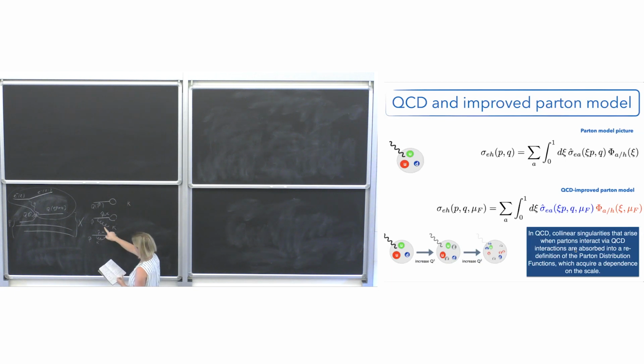To do this calculation explicitly in a very sketchy way, let me just define the momentum k of the real emission in the Sudakov parameterization, okay? So I write k in the basis of p hat, kt, and eta. So let me tell you what I mean: k = (1 - z) p hat + kt + alpha eta.